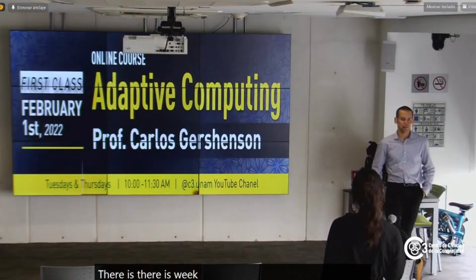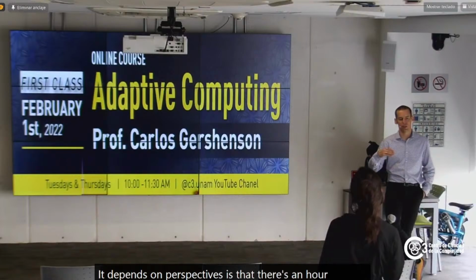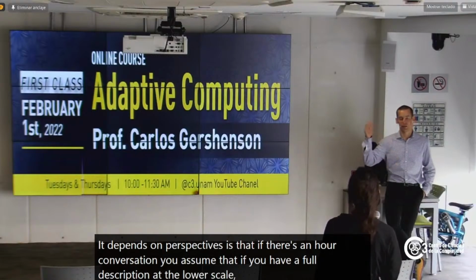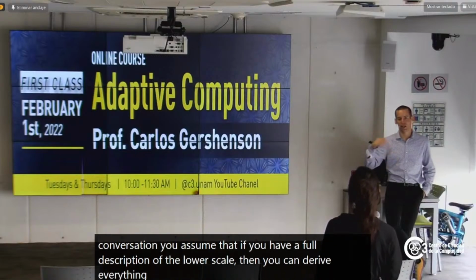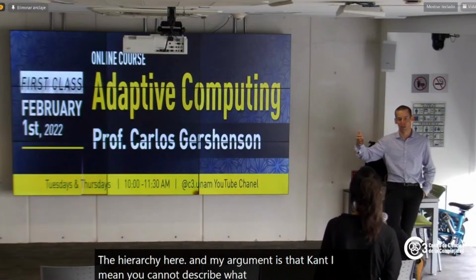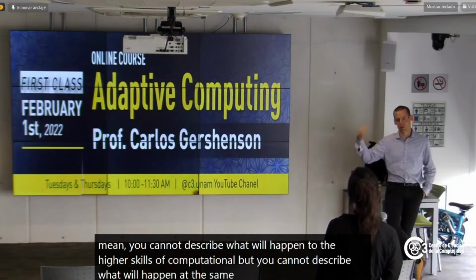The difference of perspectives is that if there's no downward causation, then you assume that if you have a full description at the lower scale, then you can derive everything that happens at a higher scale. And my argument is that you can't describe what will happen at a higher scale because of computational irreducibility, but you also cannot describe what will happen at the same scale because of downward causation.